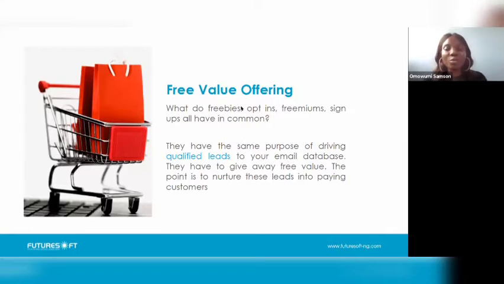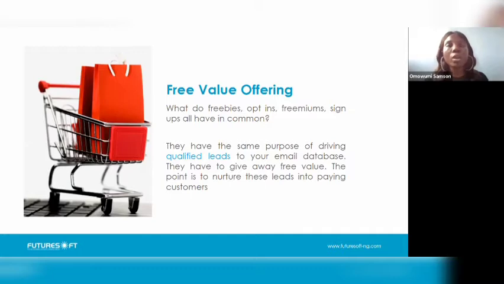When we talk about free value, I am sure you have come across pages where you see sign up for free, where you see freebies, maybe they are giving out discounts. Could be that you have to play a game or a quiz to get these freebies. One thing that all of these have in common, like sign-ups, freebies, and premiums, is that they all have free value in common.